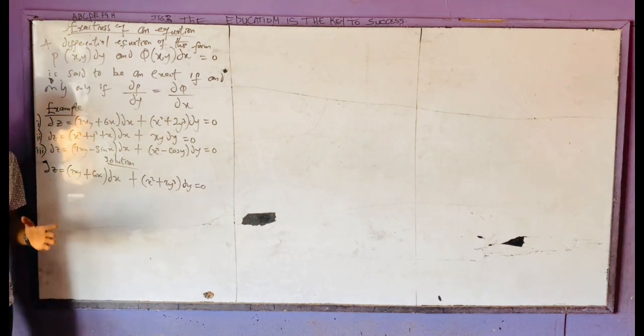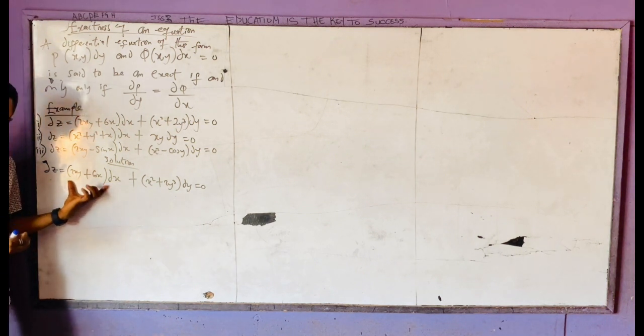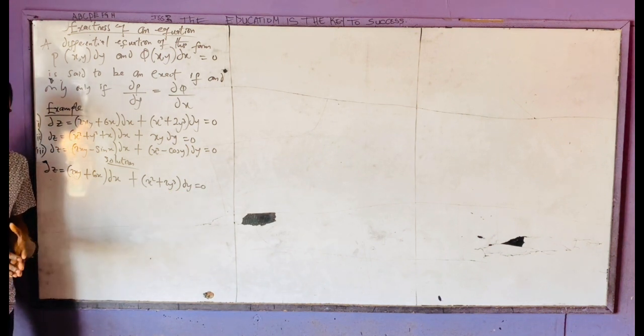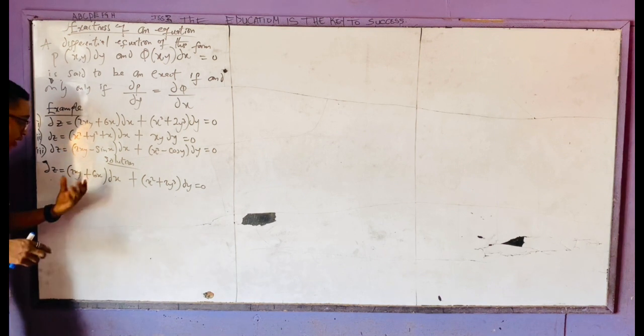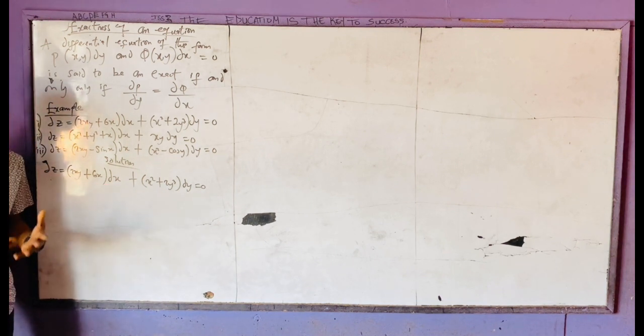The first thing we need to do is to identify the parts: this part is equal to p and this part is equal to q.